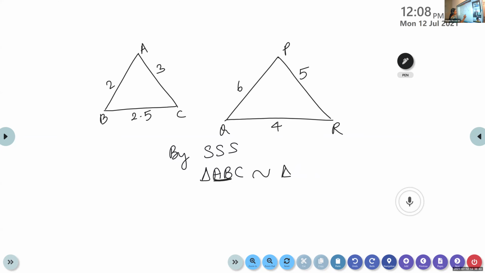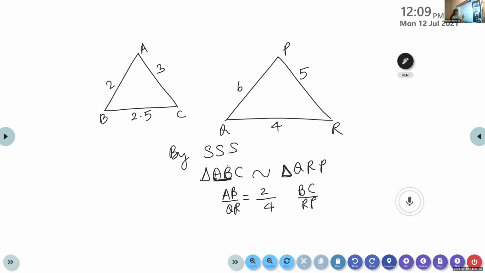So instead of writing PQR, suppose I write QRP. Now check, is it correct? AB by QR. AB is 2, QR is 4. Now take the other two sides, BC by RP.